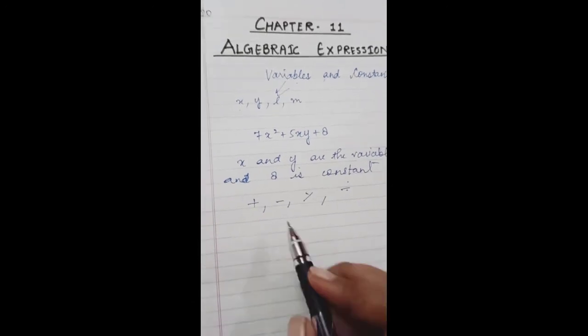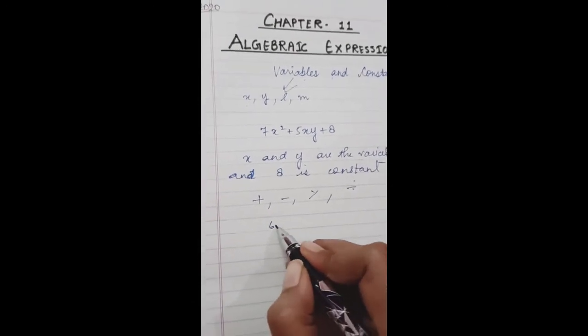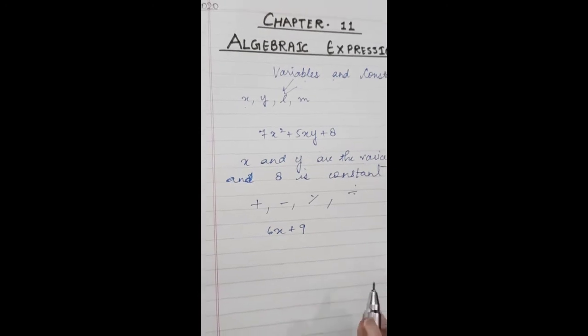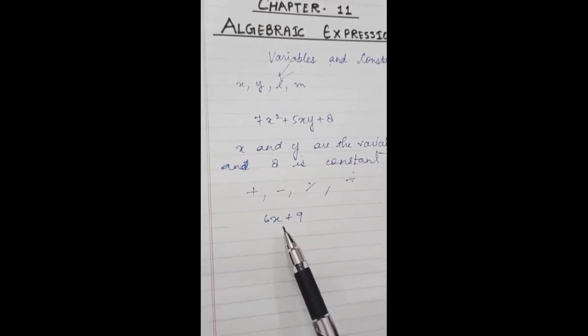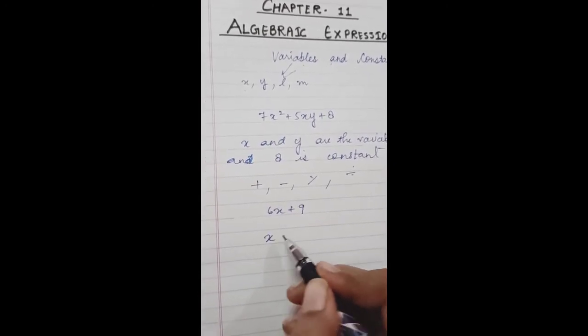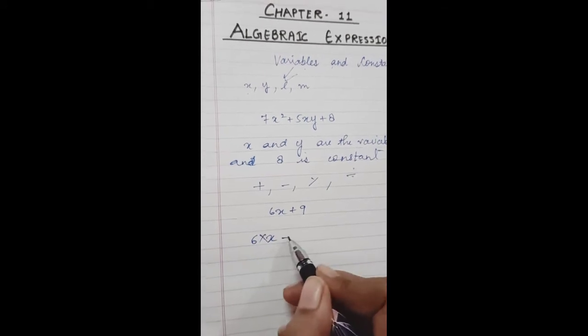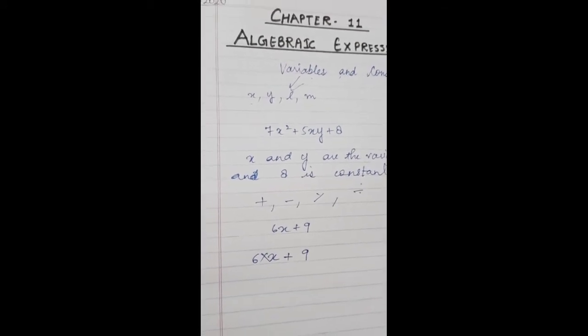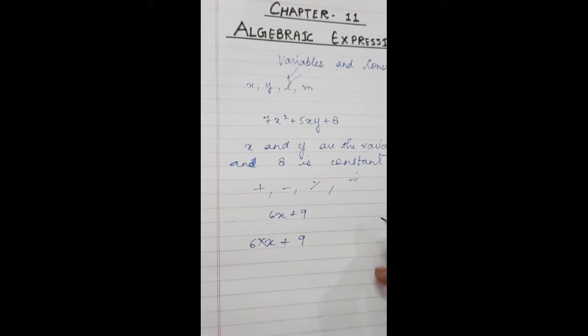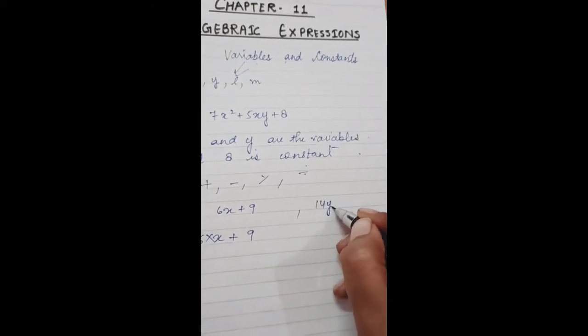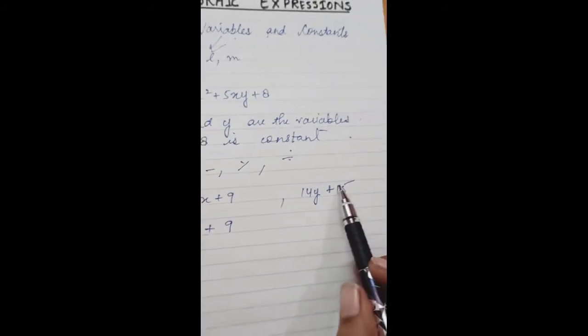For example, suppose you have the expression 6x plus 9. What does it mean? It means that x is multiplied by 6 and added to 9. Or 14y plus 15. What does it mean?